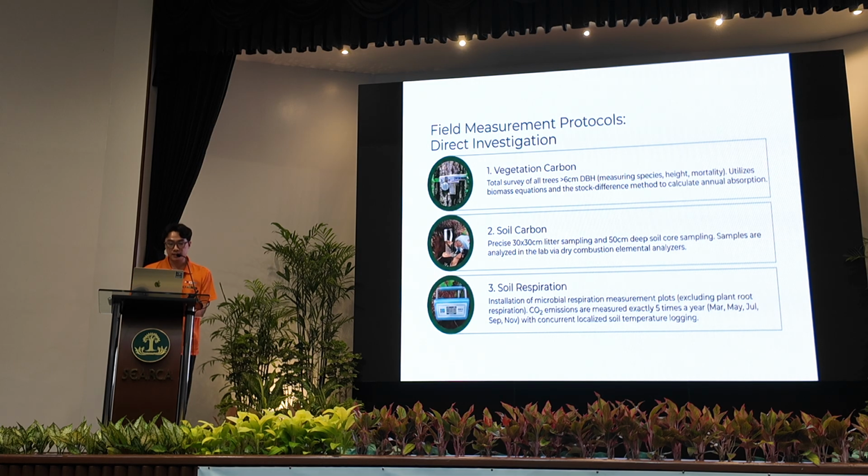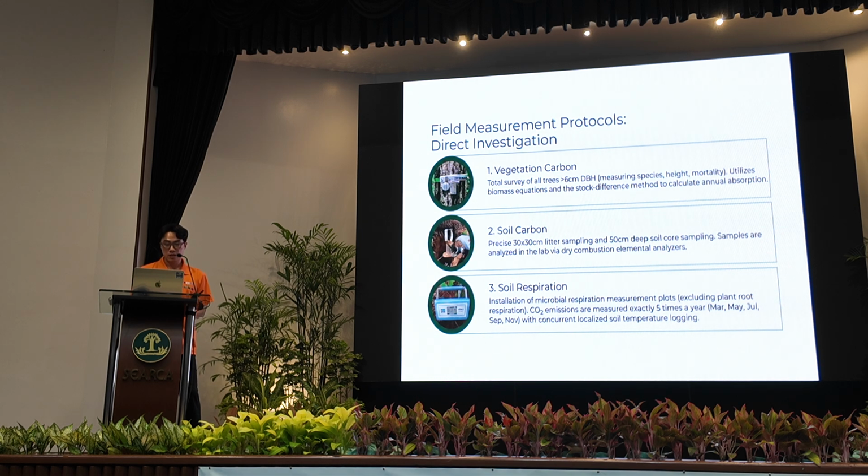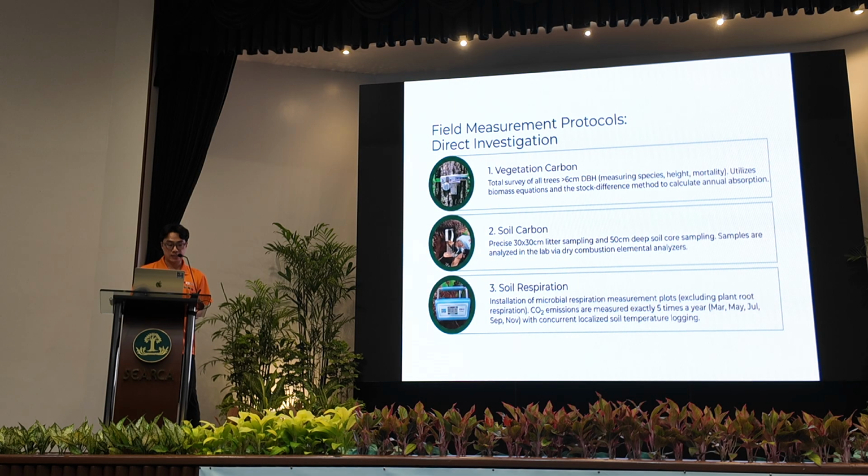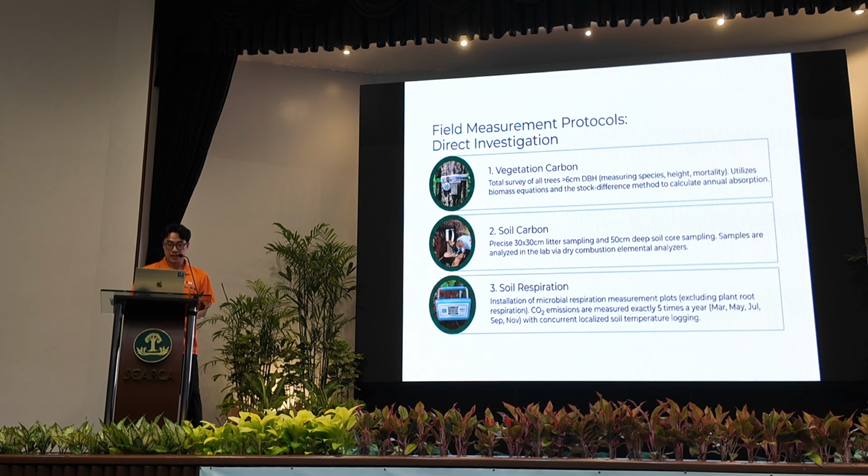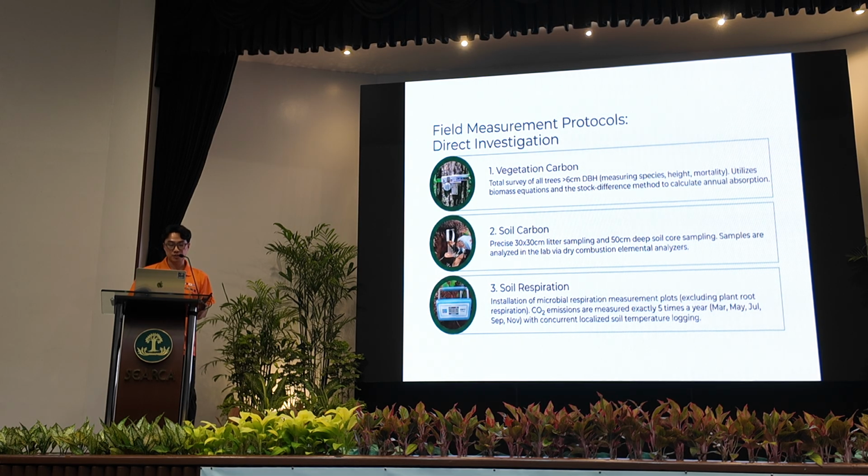Our direct investigation follows three field measurement protocols. Number one, vegetation carbon. We survey all trees with a diameter at breast height greater than 6 centimeters. We measure species, height, and mortality. We use biomass equations to calculate annual absorption.